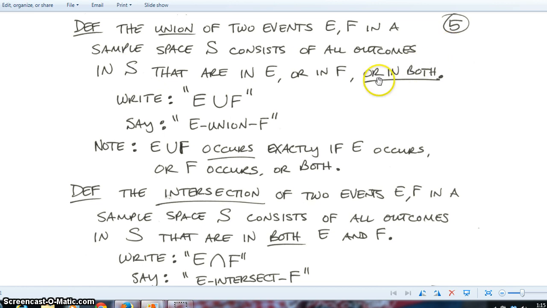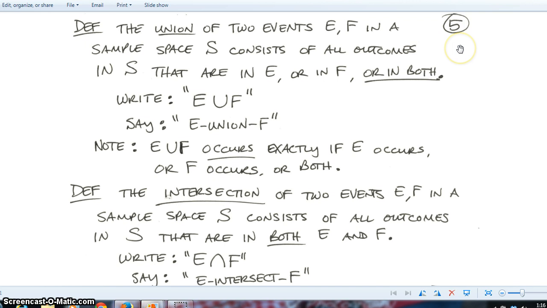So this is what's called the inclusive or, because you're including the possibility that both happen. And the other kind, the ordinary English definition, is called the exclusive or, which is different. So for the rest of the class, whenever you see or, just assume by default that it means the inclusive, that it allows both possibilities.